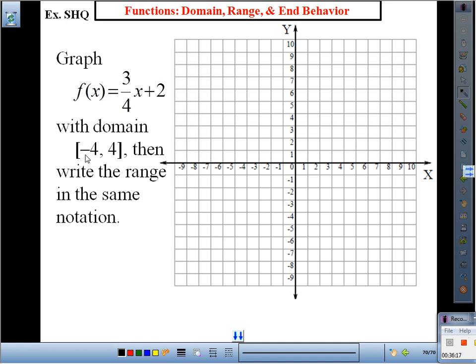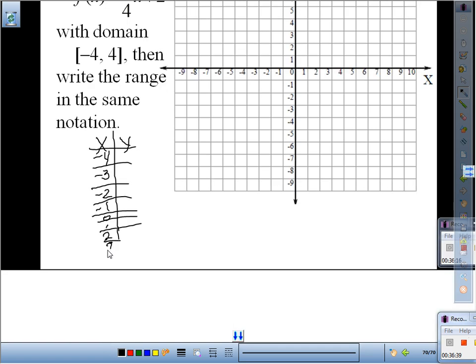My domain is what? From -4 to 4. Is that correct? So if I was to make a table, -4, what's next? -3, -2, -1, 0, 1, 2, 3, 4. But what do we know?